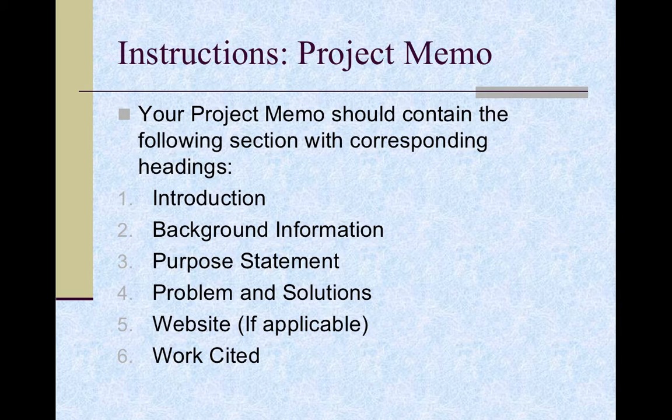A fourth heading, Problems and Solutions. A fifth heading that says Website, if applicable. And finally, a sixth heading that says Works Cited. If you would like to add other headings, feel free to do so if you feel that they're necessary, but you should have at least these 6 headings.